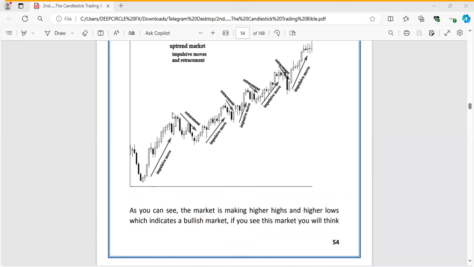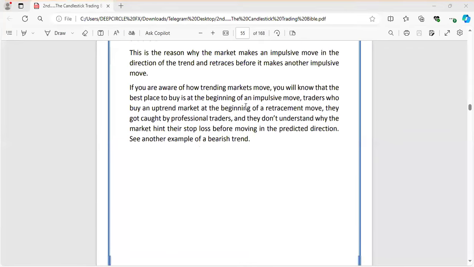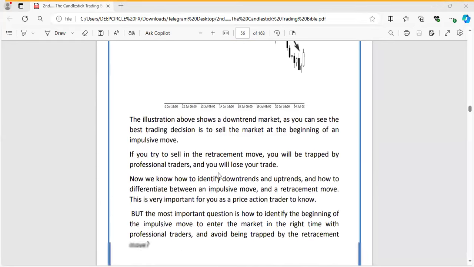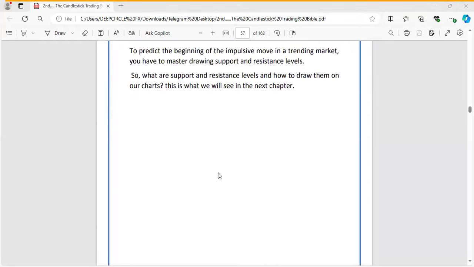So if you draw a straight line here, you can see that the moment it touches that previous high horizontal line, it will start to go up again. So you'll be trading this impulsive move. For you to make more money, try by all means to analyze this in a bigger time frame. Same as this one, which is an ascending channel. So that is how you trade a trending market.